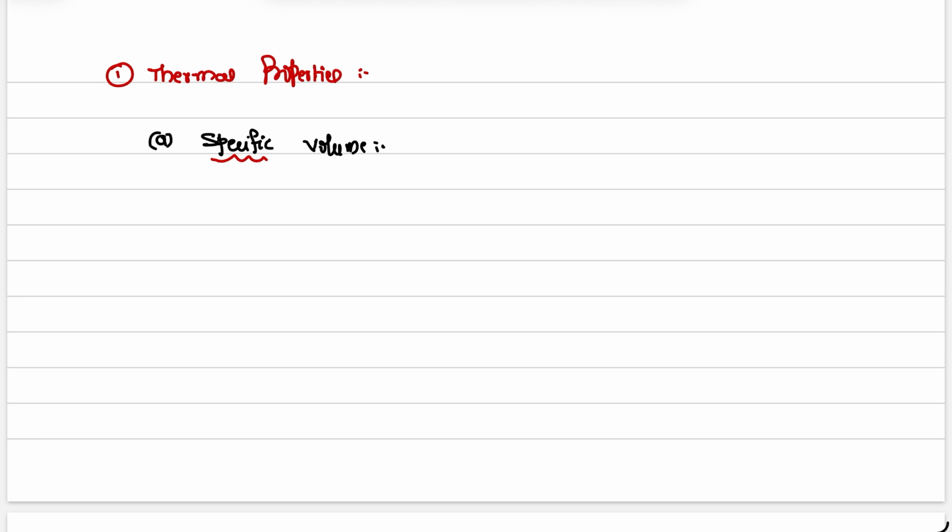We know density. What is density? Density is kg per cubic meter.